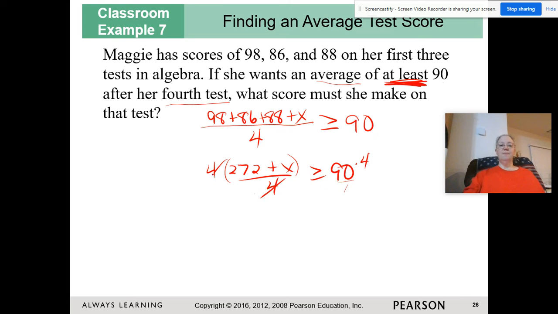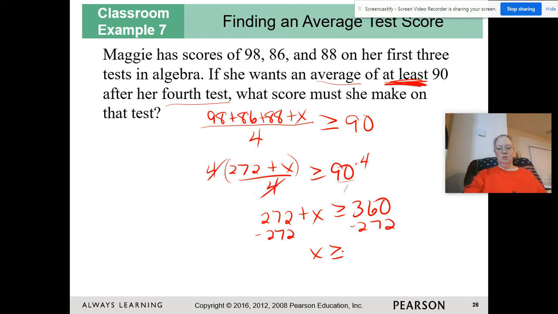So cancel. 272 plus x is greater than or equal to 360. We're going to subtract 272, and 360 minus 272 gives me 88.